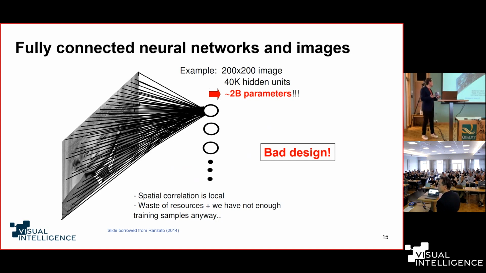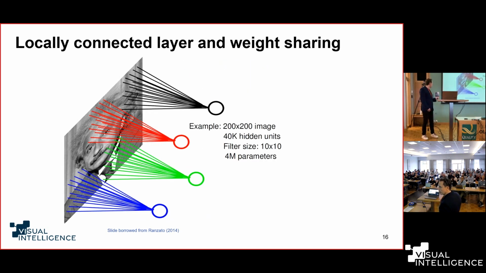So what we do instead, we think, okay, most likely the spatial correlation in images, I mean, things that happen here are not that dependent on what's on the opposite side. So can we reduce the size by looking more locally? We try connecting only a local region to one neuron, as in this design here, which is much better.